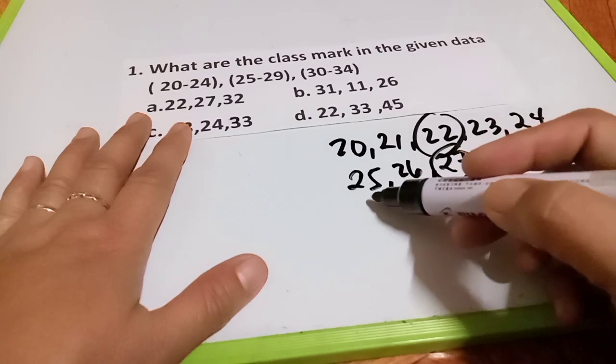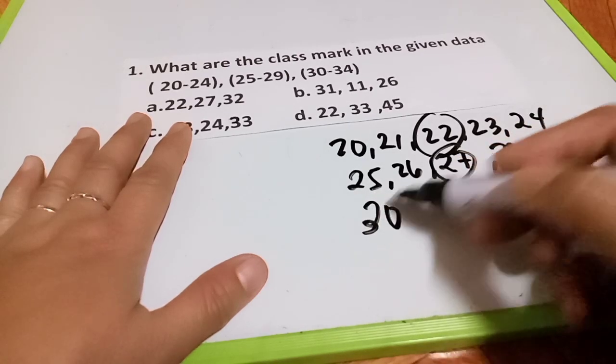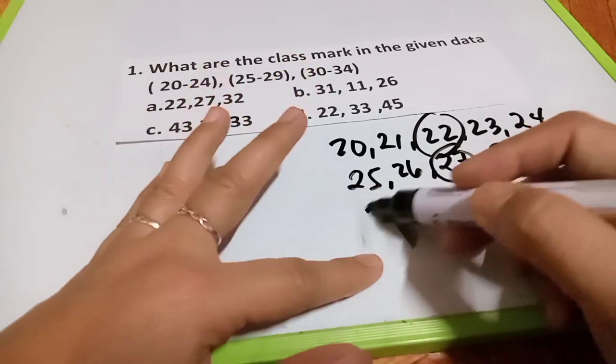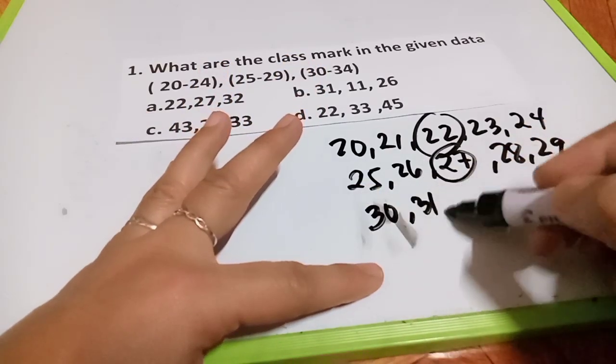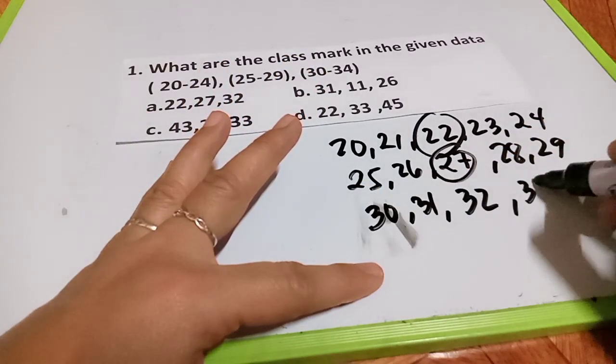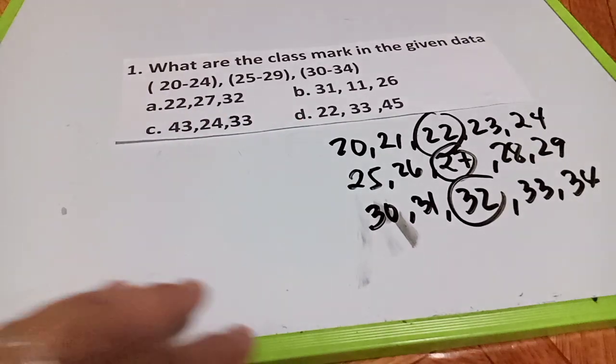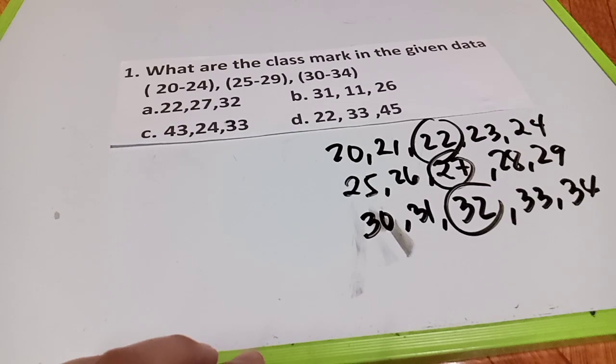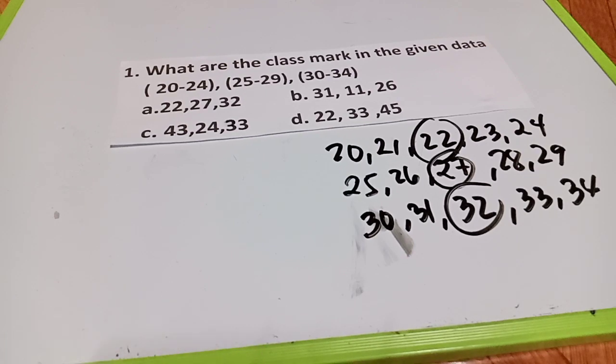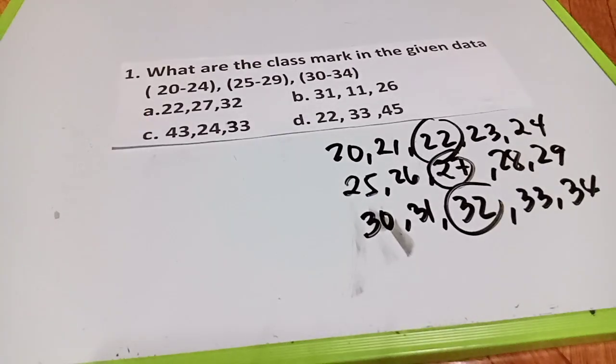And then 30, 31, 32, 33, 34. So the class marks in the given data will be 22, 27, and 32. So the best answer is letter A.